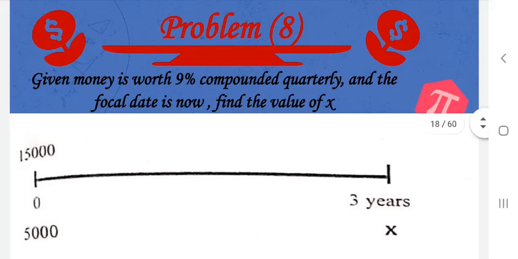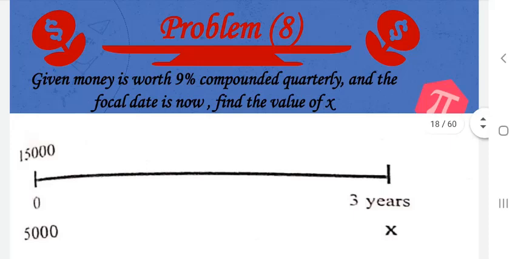Why 12? Because the time between the maturity date for X and now equal 3 years, and the nominal rate is 9% compounded quarterly. So 3 times 4 equal 12.